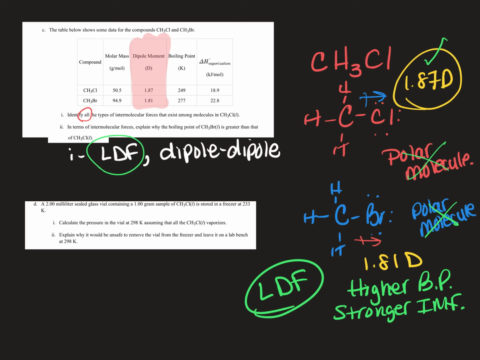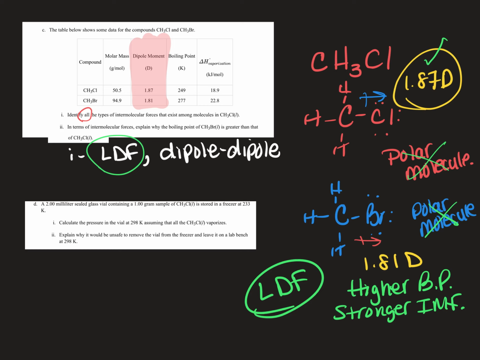And if I look at the periodic table, bromine is a larger atom than chlorine is. So that means its London dispersion forces must be greater than that of the methyl chloride, because bromine's electron cloud is more polarizable than that of the chlorine's cloud.